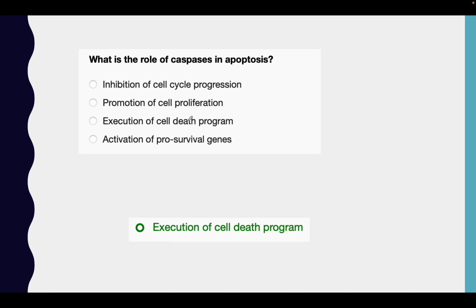Okay, what are caspases? Family of cysteine proteases that exist as inactivated precursor or pro-caspases until activated by apoptotic signals. Once they are activated, they initiate a cascade of proteolytic events which cleave key cellular proteins that dismantle the cell and lead to its demise.